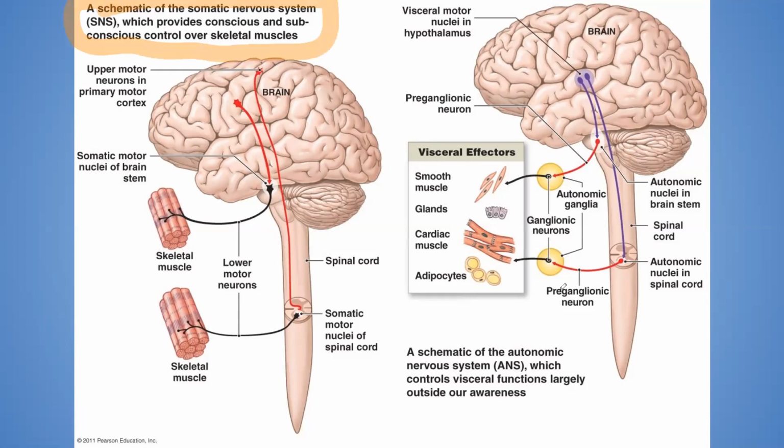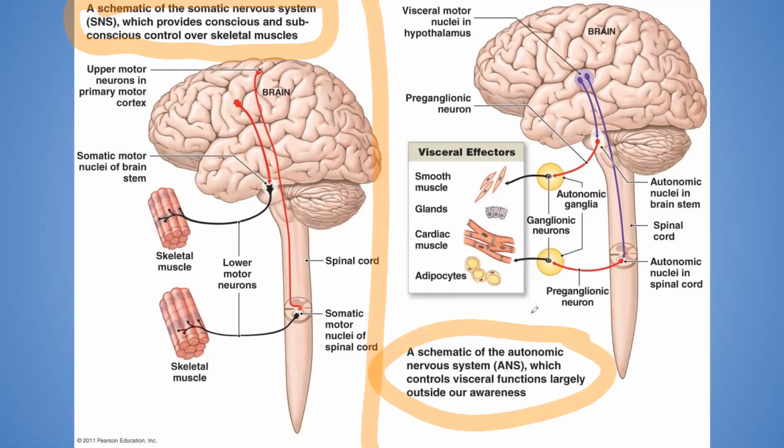On this side, we're going to have our autonomic nervous system. So we can see here we have a pretty simplistic pattern. We have parts of our brain associating with different parts of our muscles. This is pretty cool because we have technology where we can stimulate a part of the brain, and depending on where we stimulate in the brain, it's going to affect a different type of muscle.